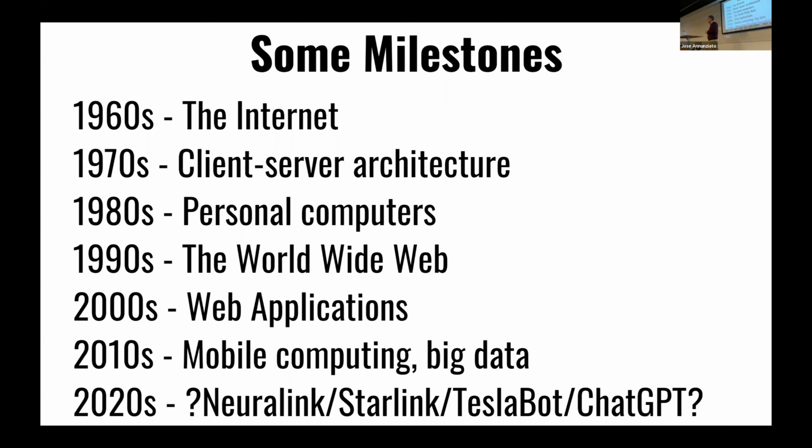Then the mobile computing in the 2010s, right, where now it evolved from these monolithic huge machines, to then a desktop at home, to then the supercomputer that you can just put in your pocket, right, and go anywhere, right?